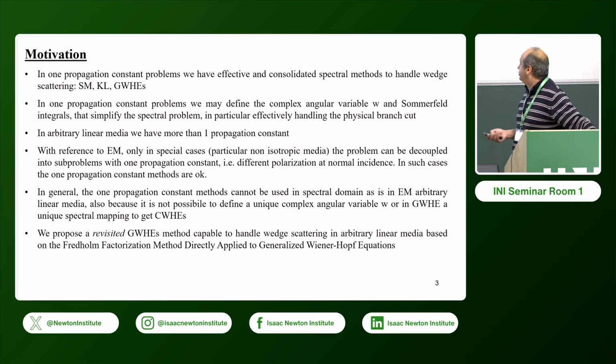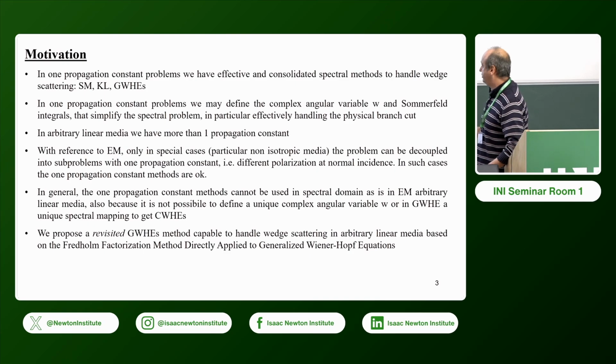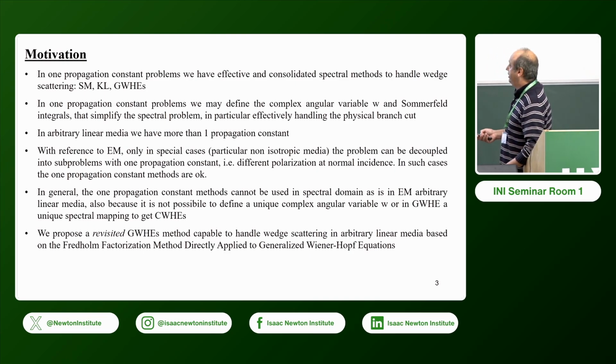But at the same time, if you know our generalized Wiener-Hopf technique, we used to apply a unique spectral mapping to modify the generalized Wiener-Hopf equation to a classical Wiener-Hopf equation, and then apply some approximation like the Fredholm Factorization. So in multiple-propagation-constant problems, we cannot have a mapping.